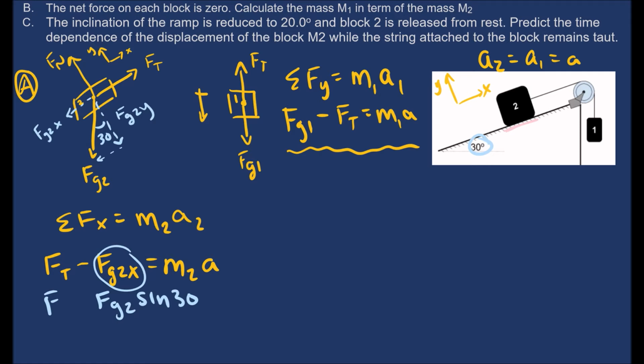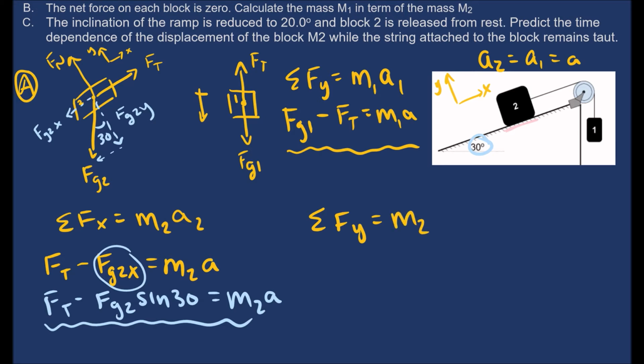We can rewrite this as FT minus FG2 sine 30 equals M2A. And there we have our sum of the forces in the x direction for block 2. But we still need to do the sum of the forces in our y direction. And in the y direction, we are saying in this system, our block is not going to be accelerated.